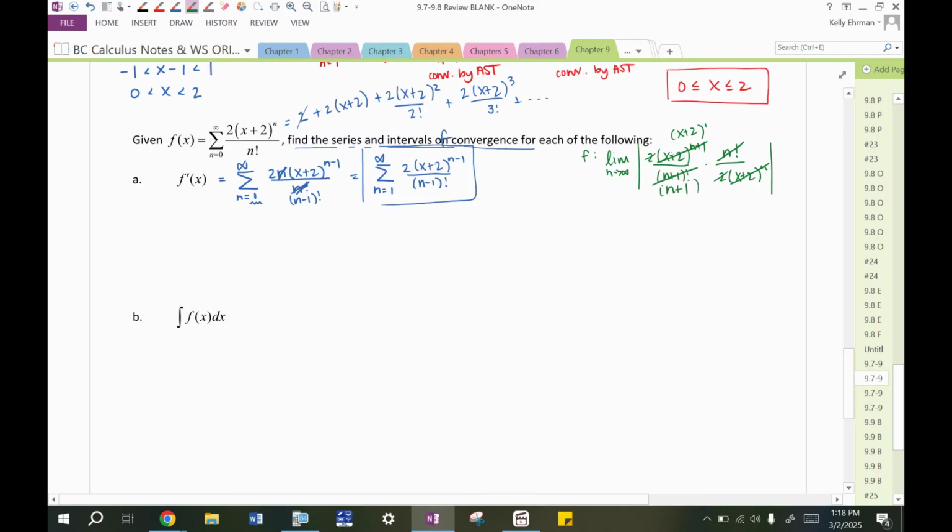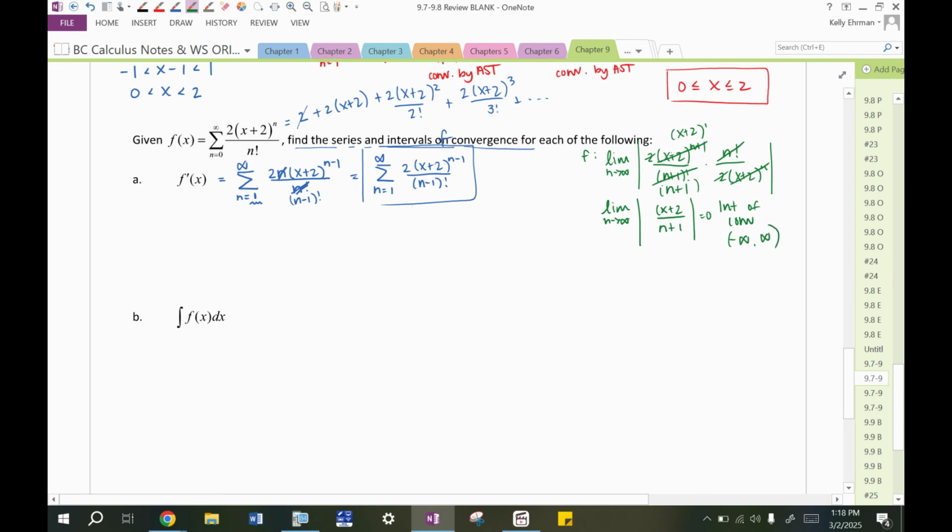It just leaves you with n plus 1. So all you have here is an x plus 2 over an n plus 1. So actually, this is always nice. Because this limit is 0, the interval of convergence will be negative infinity to infinity.